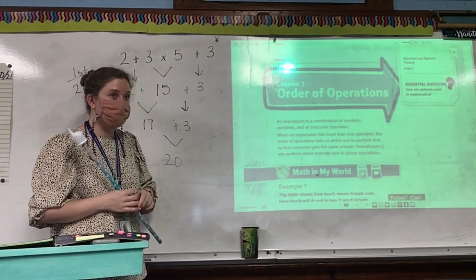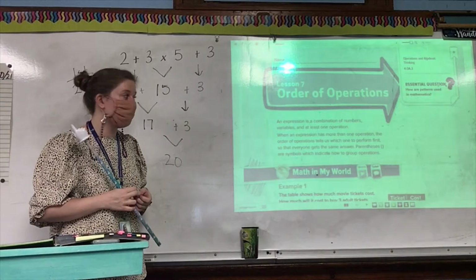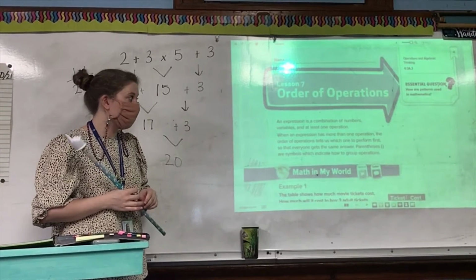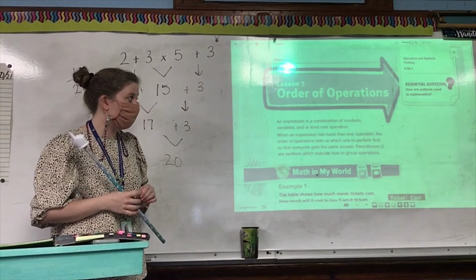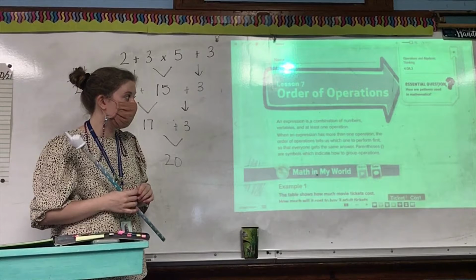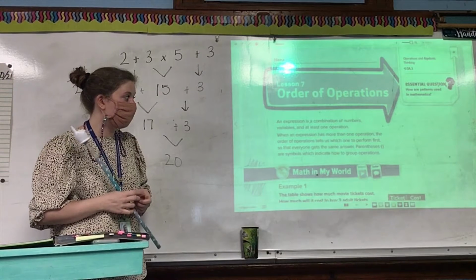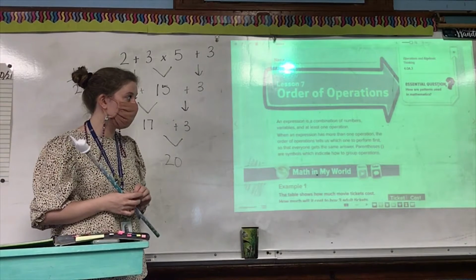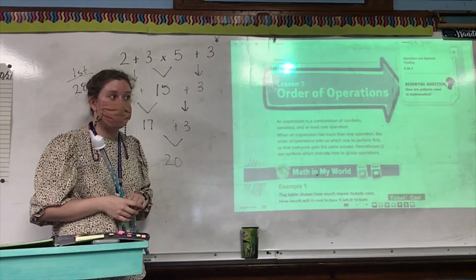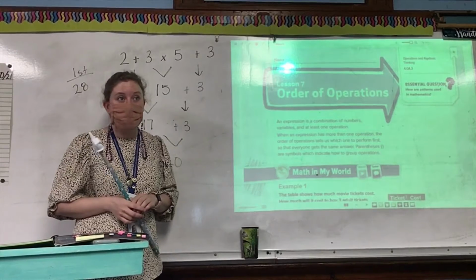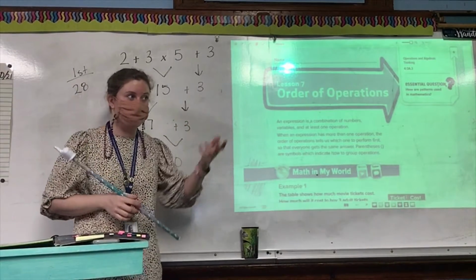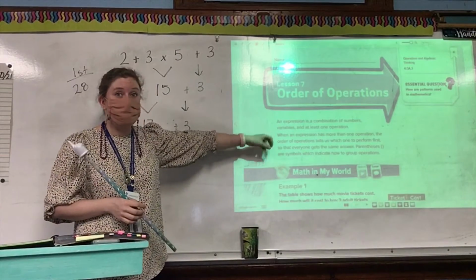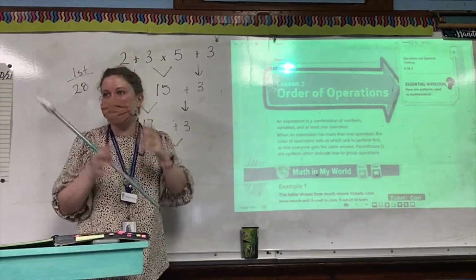An expression is a combination of numbers, variables, and at least one operation. So, an expression is basically a fancy equation. An equation is like 2 plus 3 equals 5. An expression also includes variables, but they're very similar.